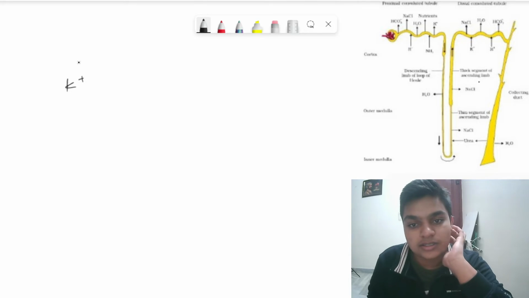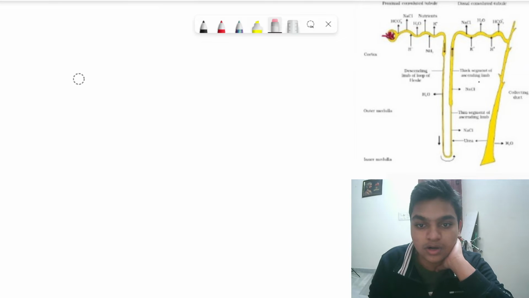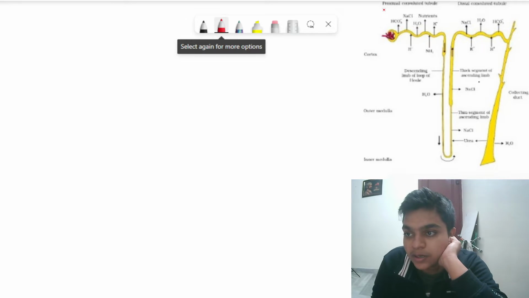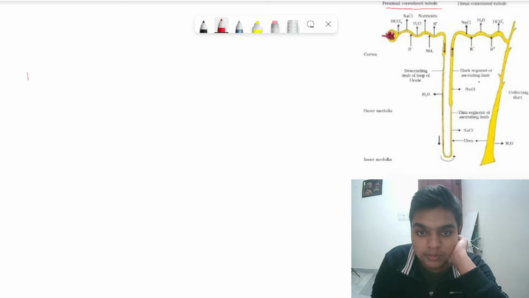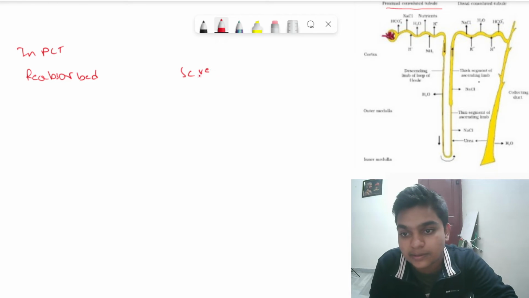Once again, let us revise the PCT part and then move on to the rest of the tubular parts. Revising the PCT, proximal convoluted tubule: what is being reabsorbed and what is being secreted.